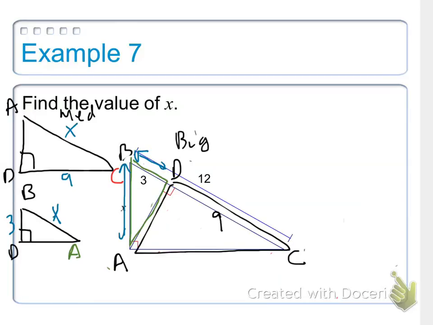Let's see if we can figure something out. So let me clean this up just a bit so it doesn't look as busy. Okay, so I cleaned it up quite a bit. So we got our pieces.